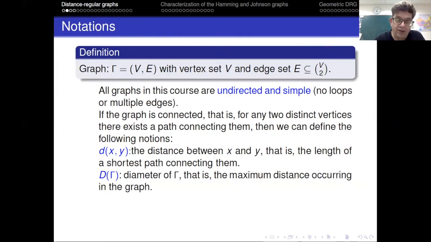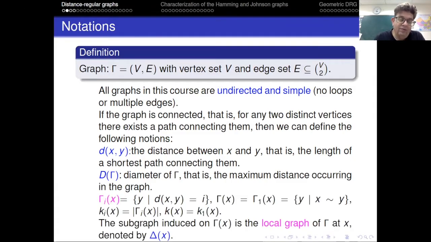The diameter of gamma, if I have a graph gamma, is the maximum distance occurring in the graph. That means if I take all the pairs and look at the distance of all the pairs and maximize that, that is the diameter.